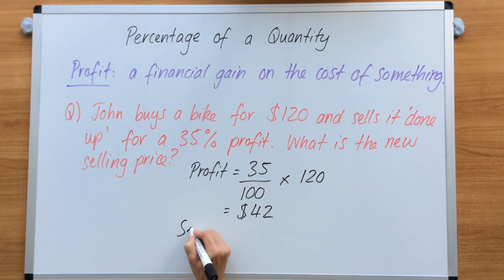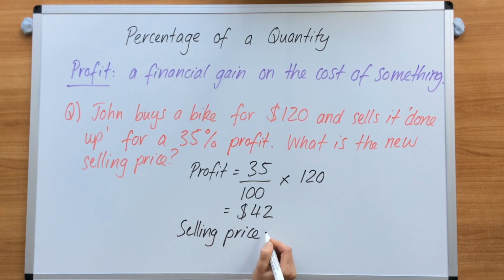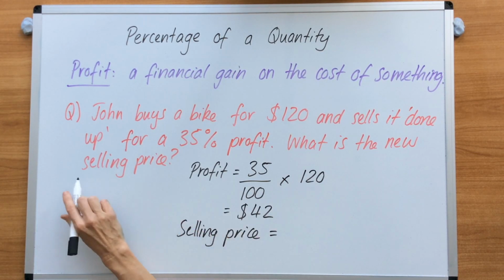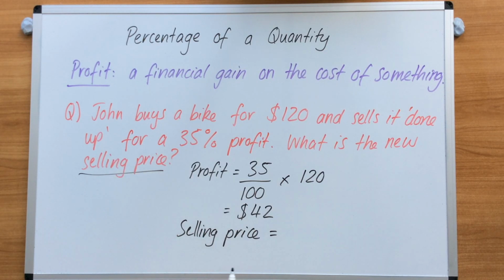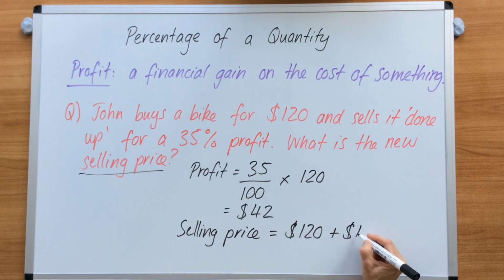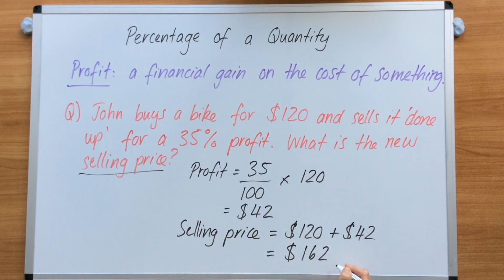So now we've got to figure out, well, what is the new selling price? Because that's what they're asking us to find here, the selling price. So we take the $120 that he paid for it, and we're going to add on, we're going to increase the $42 that he is going to make. So when we add that together, we get $162.